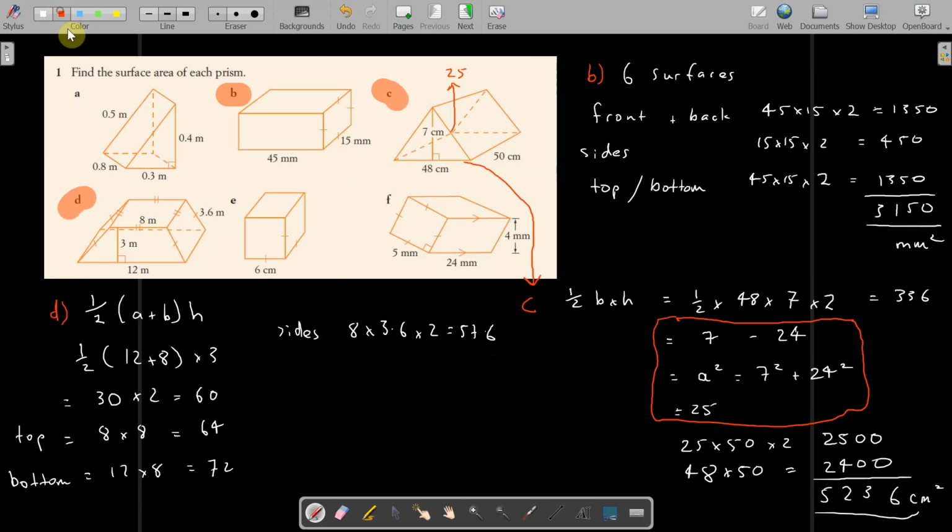Now, I better find out where I've got my totals. Trapeziums, top, bottom, sides. 60, 64, 124, 196.